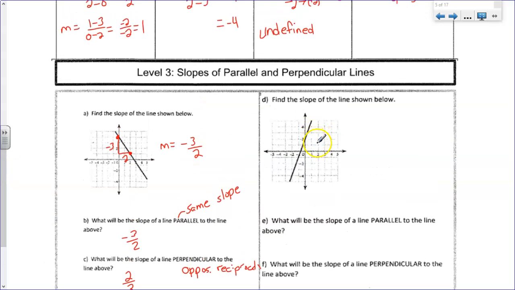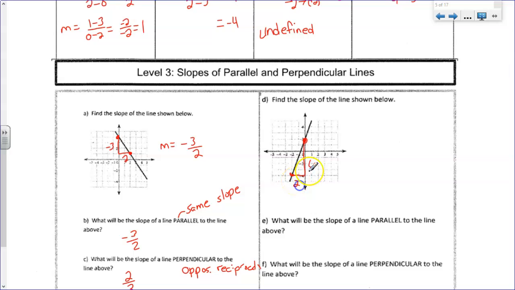Okay, last problem for today. We're going to find the slope of this line. So here's a point and here's a point. This slope's going to the right, so it's going to be positive. So 1, 2, 3, 4, 5, 6 down, and then 1, 2 to the left.